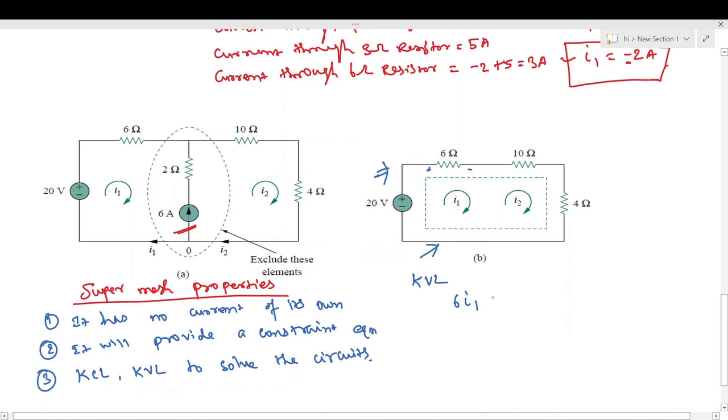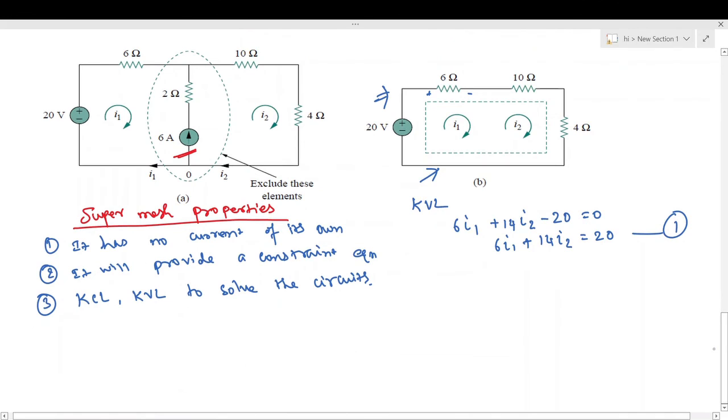So we can write positive 14I2, and finally the arrow meets the negative terminal of the voltage source, that is negative 20, which is equal to 0. So we can write 6I1 plus 14I2 equals 20. Say this is equation number 1.